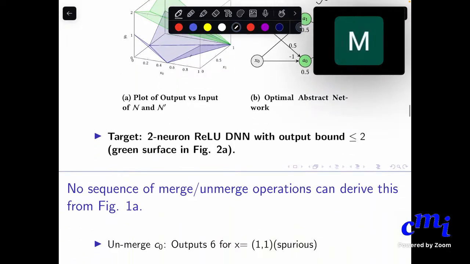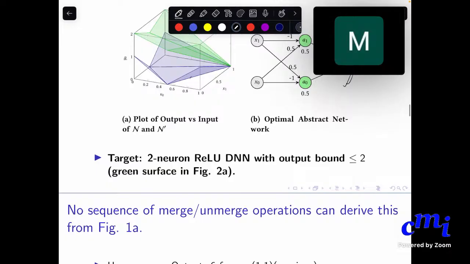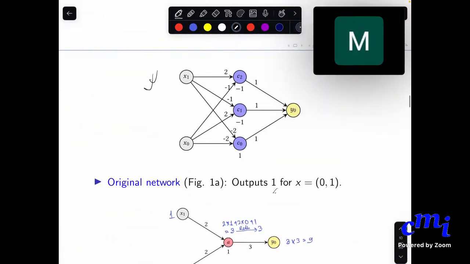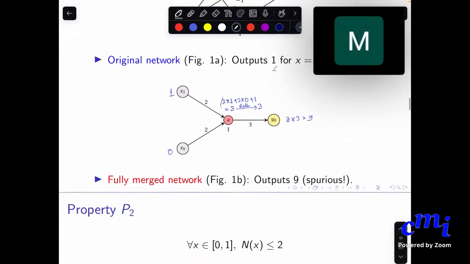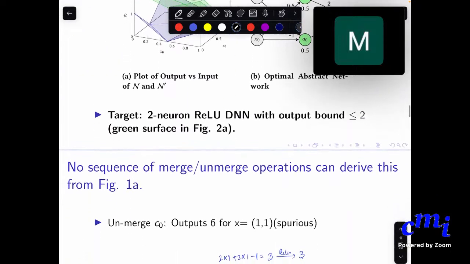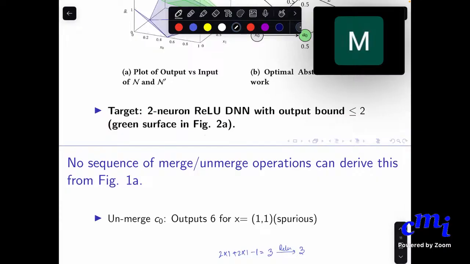In the original neural network, if it is abstracted into one node, the next possible unmerging gets it unmerged into two nodes. And if another unmerging step happens, it goes back to the original neural network. So the idea of abstracting to come up with a smaller neural network fails there.